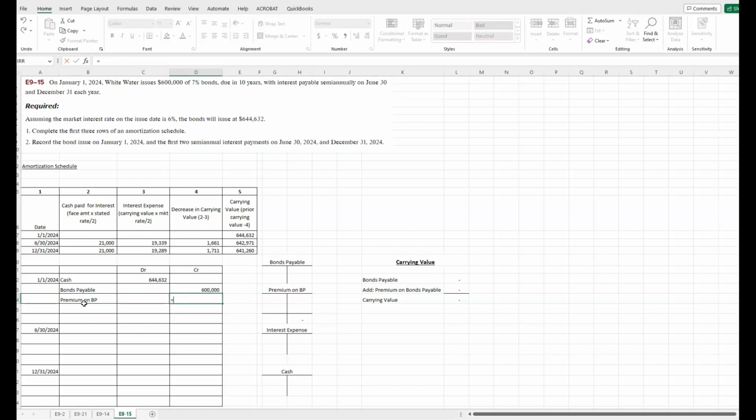And that would be the difference between this one and this one. So 44,632. Bonds payable, 600,000. Premium on bonds payable has a credit balance of 44,632. This leaves my carrying value at 644,632, which is what I said on 1/1.